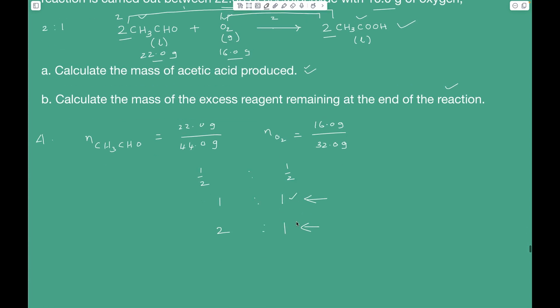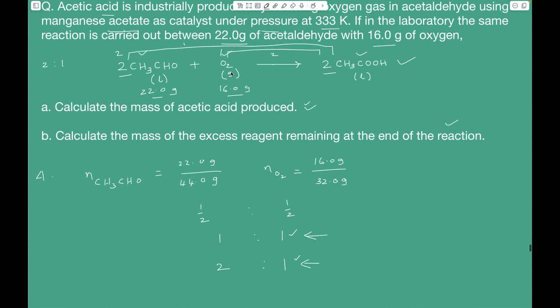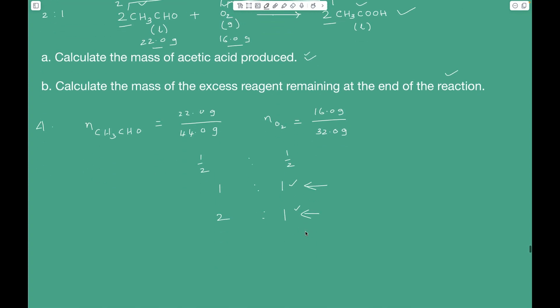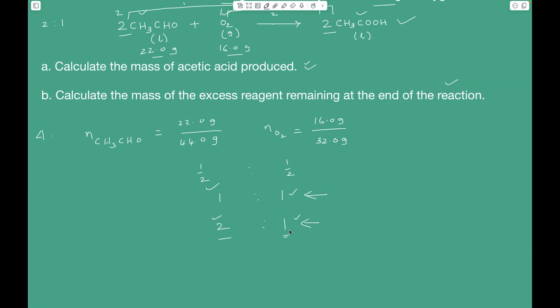Here we have the same number for the number of moles of oxygen, but we don't for the number of moles of acetaldehyde. For 1 mole of oxygen, we should have 2 moles of acetaldehyde for them to completely react with one another. But for 1 mole of oxygen, I took only 1 mole of acetaldehyde. So what is present in lesser amount? Acetaldehyde, right? So acetaldehyde is the limiting reagent.